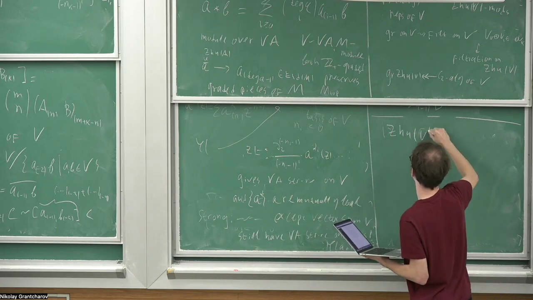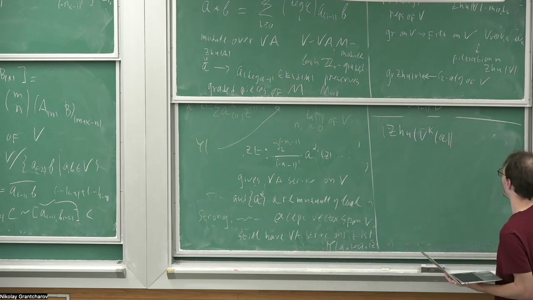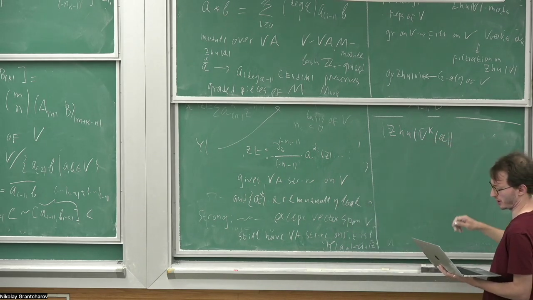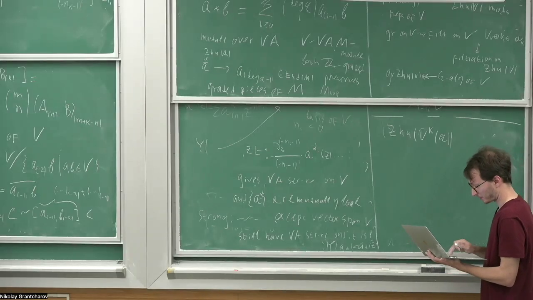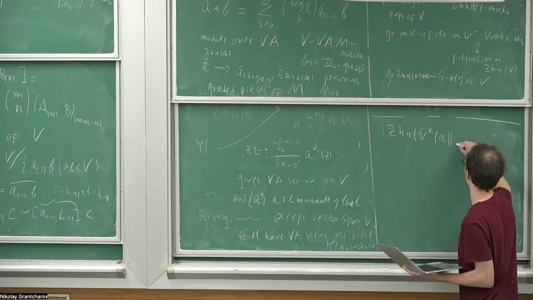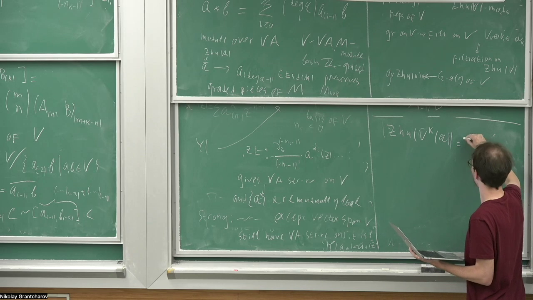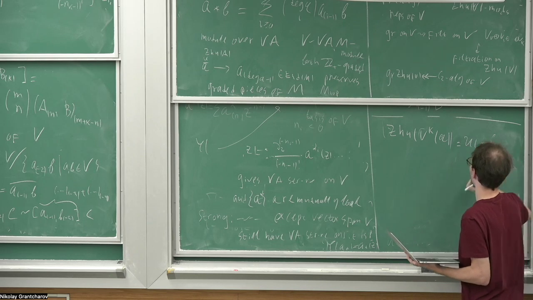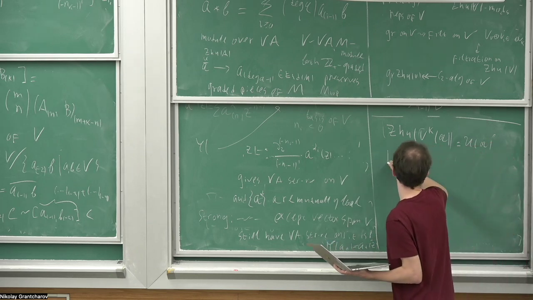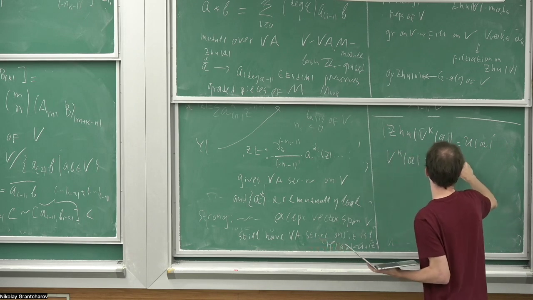Zhu of V kappa of A is U of A. I assume something should happen to kappa, like it should be non-degenerate or something. In this case, we say that V kappa of A is a quantization.